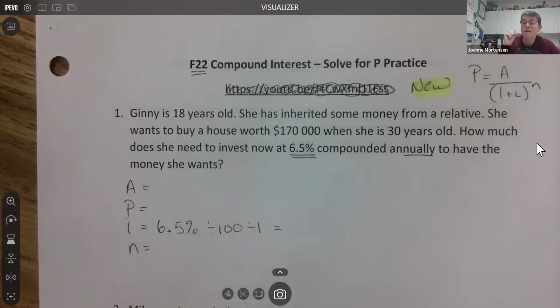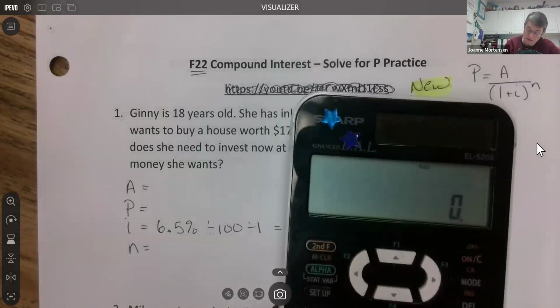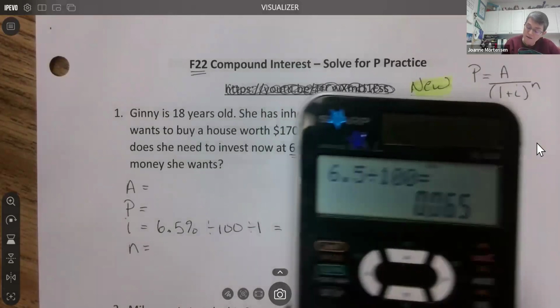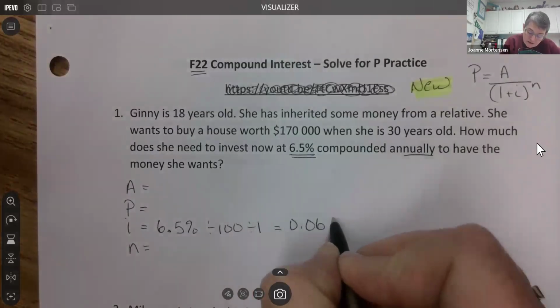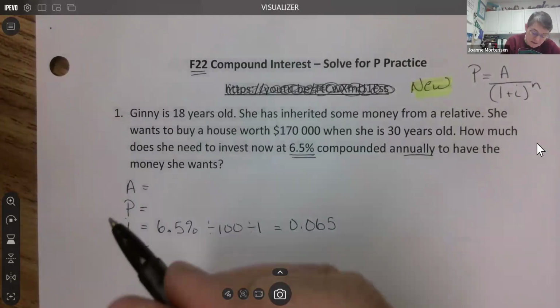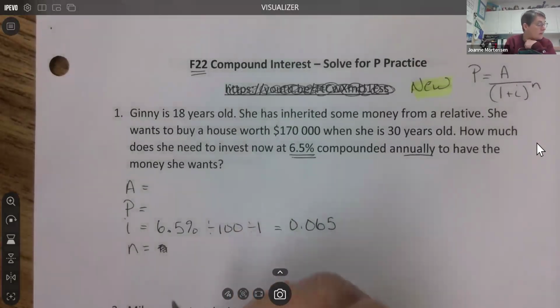But I also know if I do it the exact same way every single time, I'm going to remember it better. So 6.5 divided by 100. Nope, I'm not going to do divide by 1. 0.065.